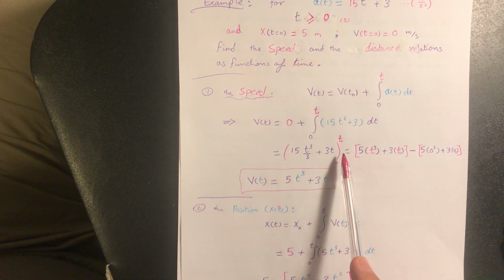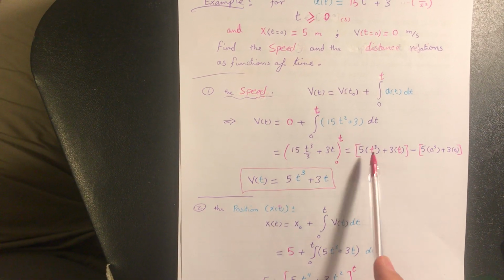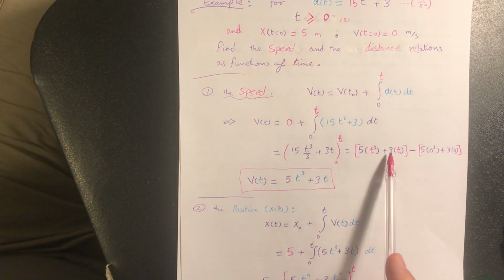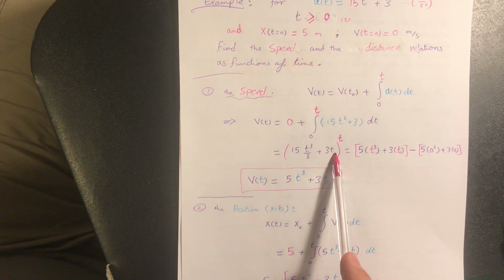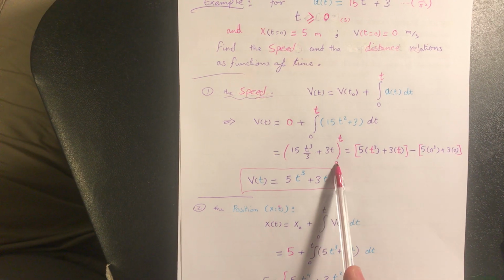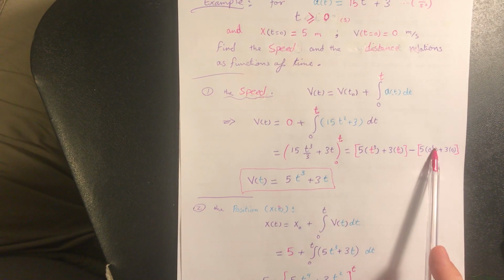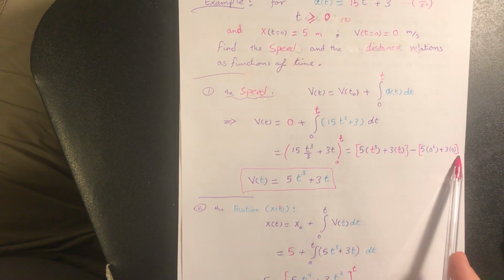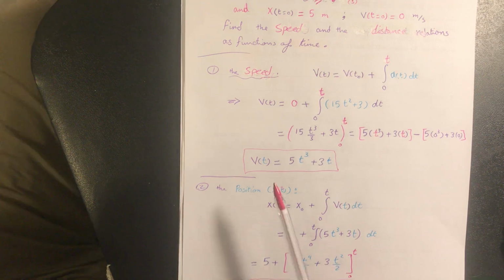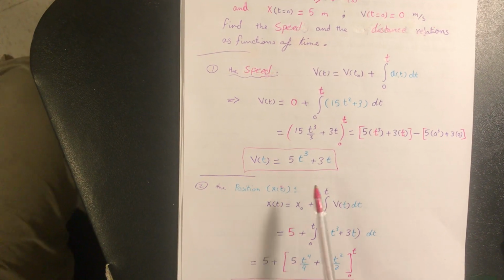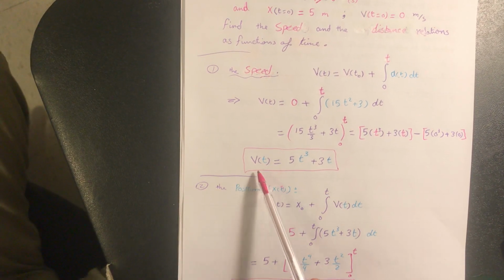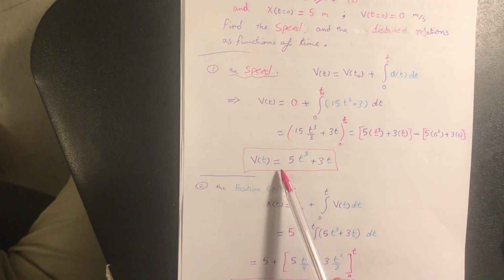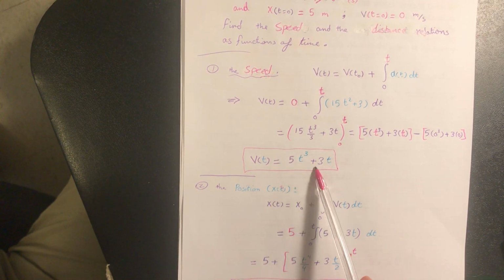So we get 5t cubed, because 15 over 3 is 5, plus 3t, minus, now we put 0, 5 times 0 cubed plus 3 multiplied by 0. This will be 0. So we have the velocity, or speed, since we don't know the direction. The speed as a function of time is equal to 5t cubed plus 3t.